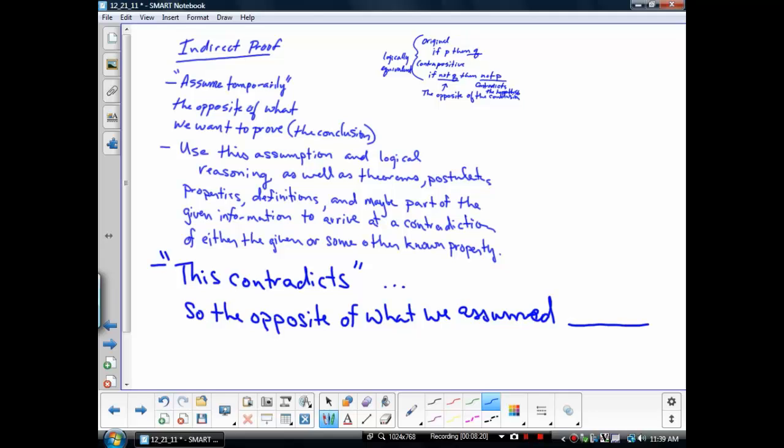Fill in the blank. And instead, fill in the blank. That's a blank spot you're going to fill in. And instead, another blank spot must be true.